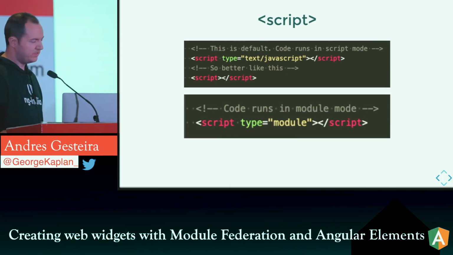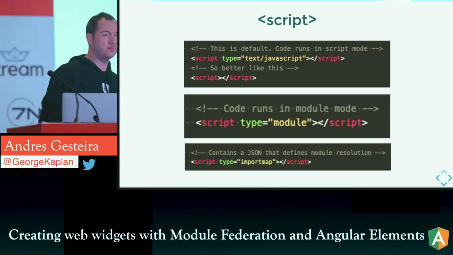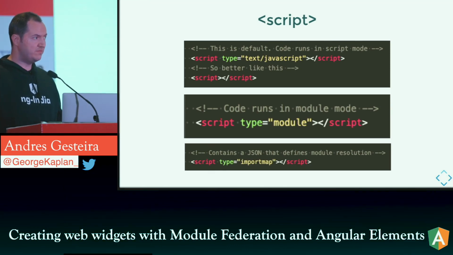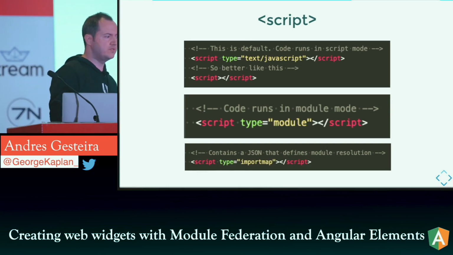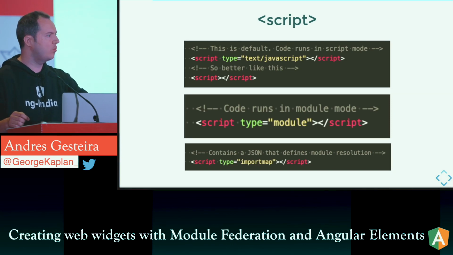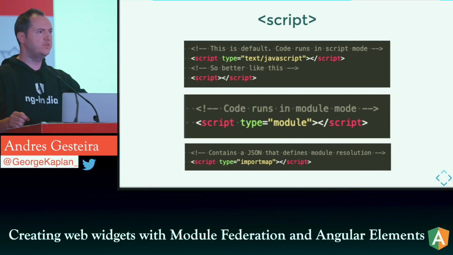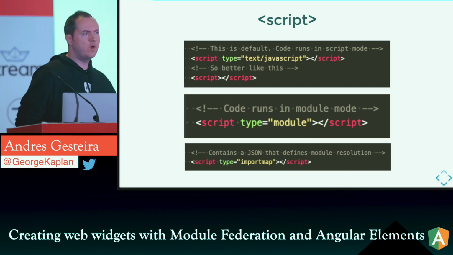I will explain later what this is. And then there is a third type that I have to mention, which is importmap. This import map is beyond the scope of this talk, I will simply say that it's going to play a big role when implementing something called native module federation, which is going to replace Webpack's Module Federation.